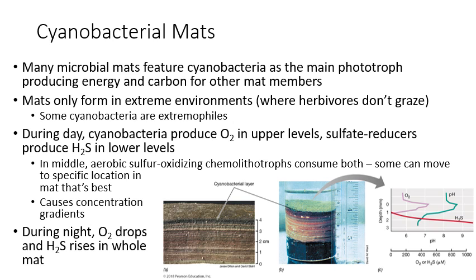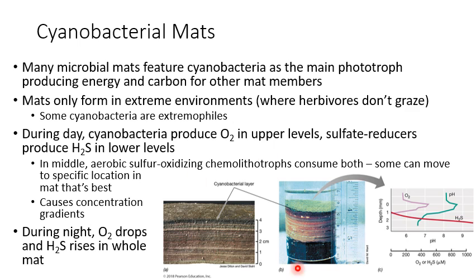Normally that would be consumed in the middle by the sulfur oxidizers, but the sulfur oxidizers actually require oxygen for their metabolism as well. Since there's no oxygen at night, they're not able to run their metabolism. They have to persist off of stored energy throughout the night, and hydrogen sulfide levels are just going to go up throughout the whole mat.